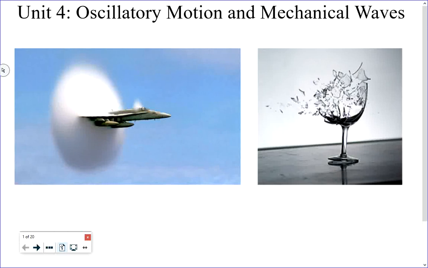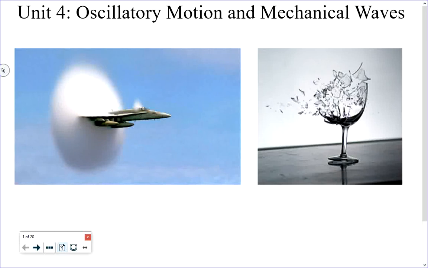The picture you're looking at on the left is a jet breaking the sound barrier. And breaking the sound barrier means that the sound waves it's creating that are moving away from the front of the jet are moving away at a certain speed, about 340 meters per second.